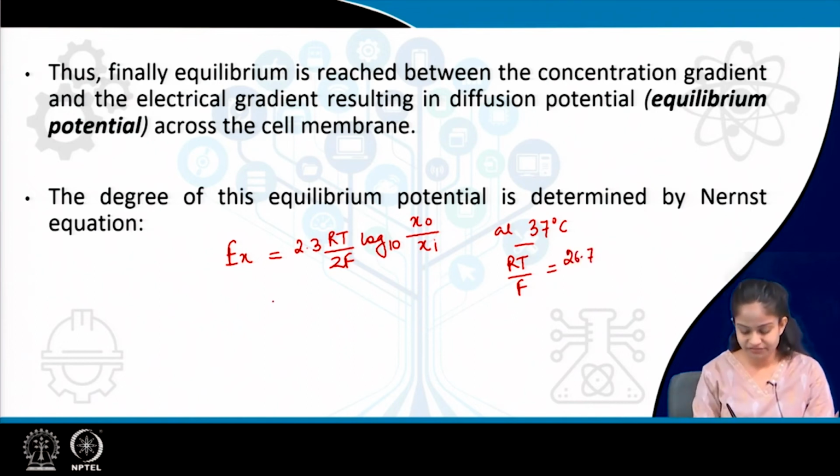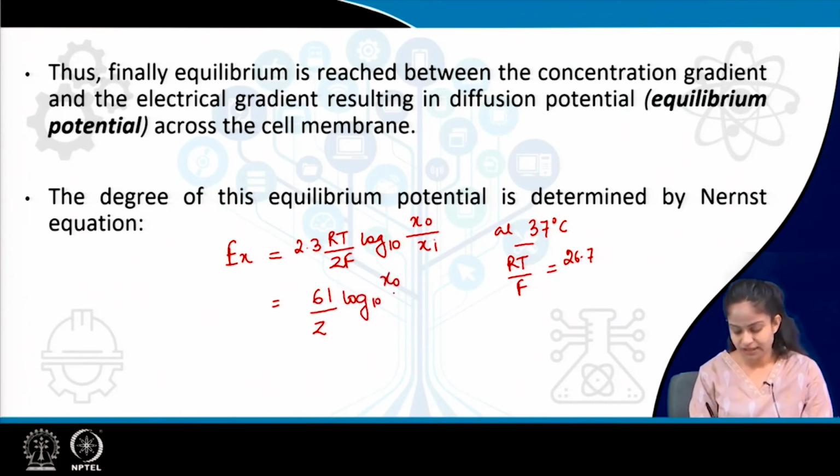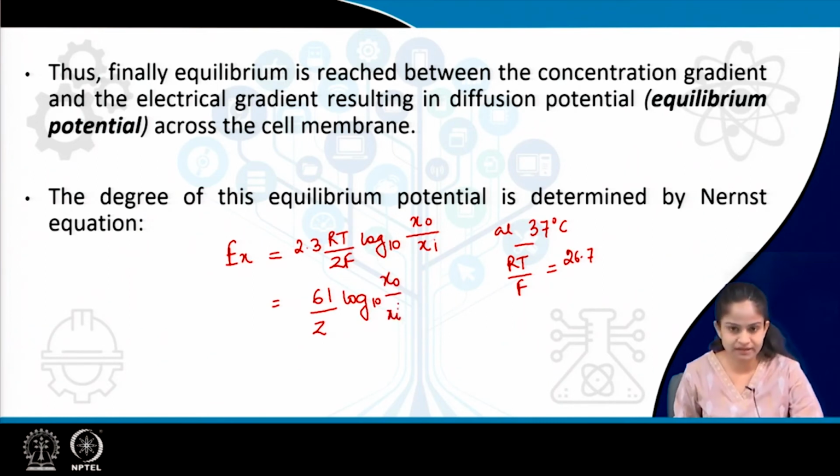So, generally if we put this factor over here, we get 61 by Z, where Z is the valency, log 10 of the concentration of the ion outside by the concentration of the ion inside. Depending on the valency of the ion, if you want to calculate the equilibrium potential of potassium, you will consider it as +1. If you want to calculate the equilibrium potential of chloride ion, you will take it as -1.